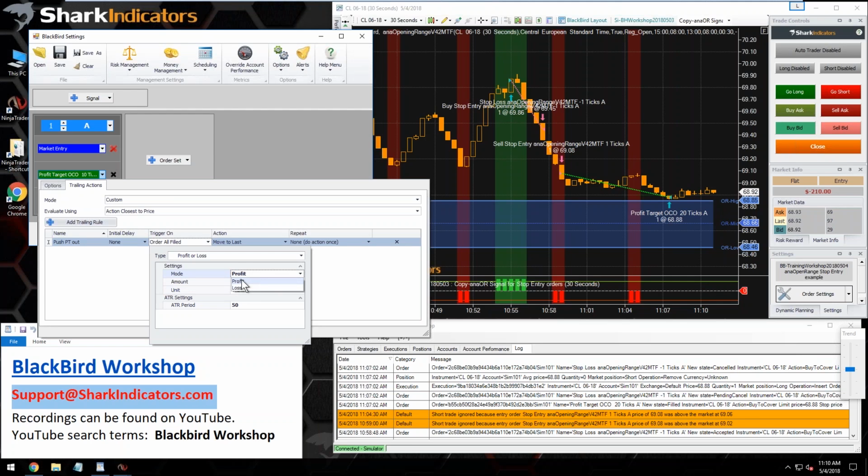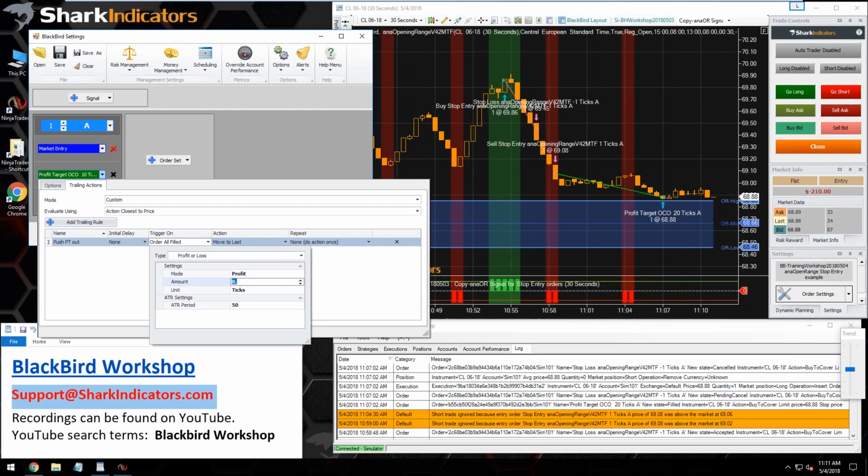If you wanted to do this for a stop loss, you would look for a loss, so you could monitor if price is getting close to your stop loss. So let's put this back on profit, and then you just need to put a number of ticks in there. It's a 10-tick profit target, so let's say when price gets within 7 ticks.